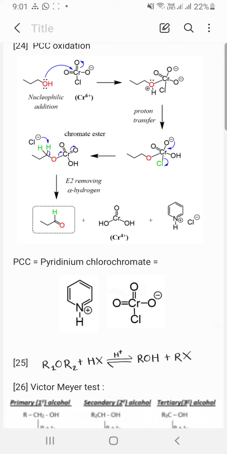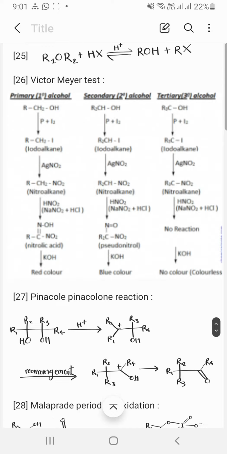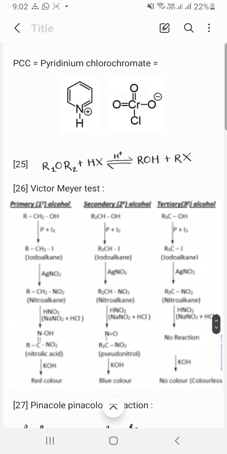PCC oxidation. Fine. Actually, yeah, it's not bad. Next, you got this reaction.